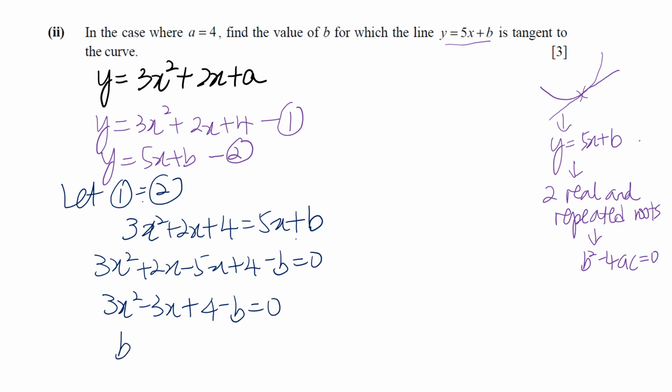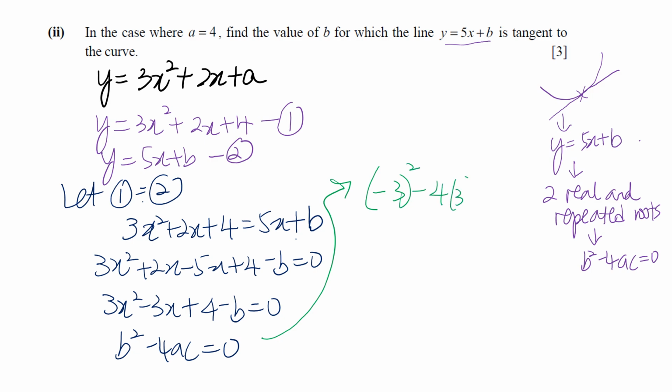Okay, we're going to sub into this b squared minus 4ac is equal to 0. And let's see what happened. B is the coefficient of x. So A is 3. C is all your constants without the x squared, without the x term there.